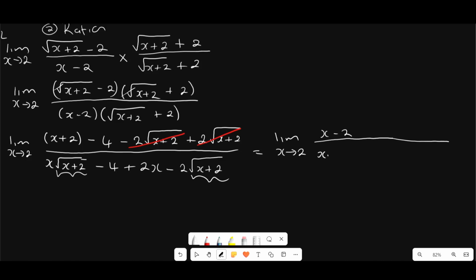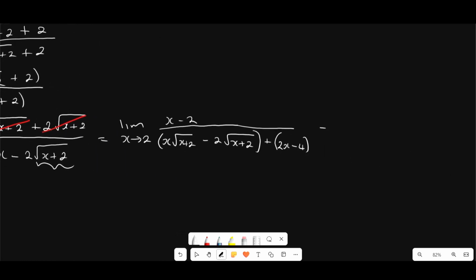So I have x square root of x plus 2, and then minus 2 square root of x plus 2, right? And I'll assign this in one bracket. I can put a plus or negative. If I say plus, I'll have 2x and then minus 4. If you were to put a negative, this one will be positive 4 minus 2x.